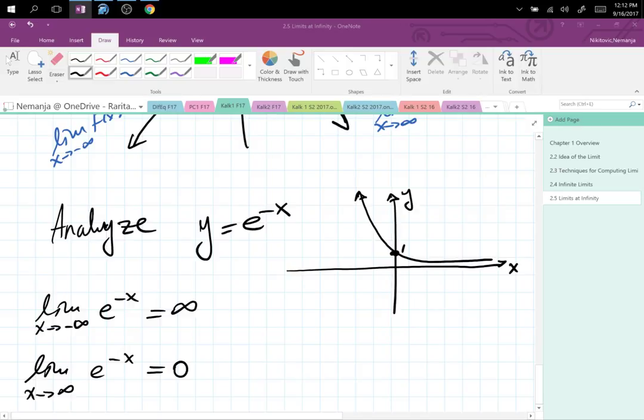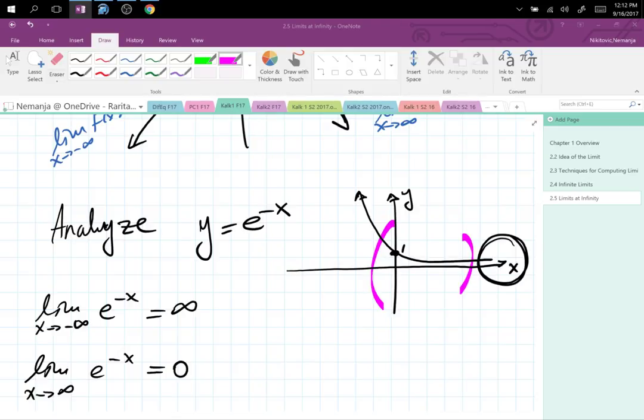Limit at infinity. Try to consider those titles and words that are used and how they're used. Limit at infinity. Does the limit care what's happening here? Absolutely no. Limit at infinity only considers what happens with a function at infinity.